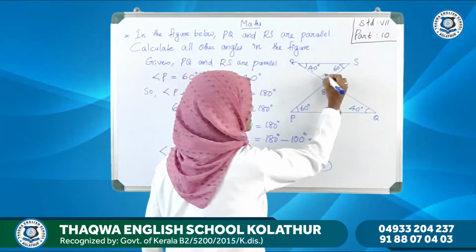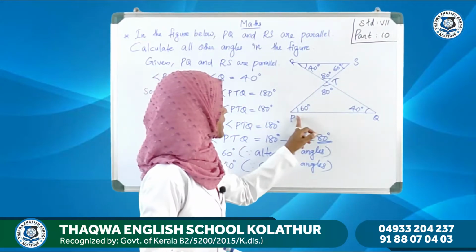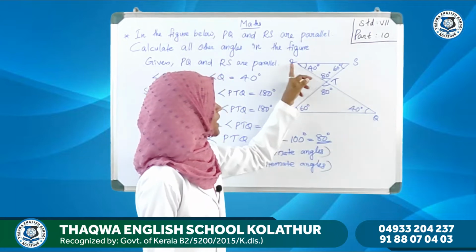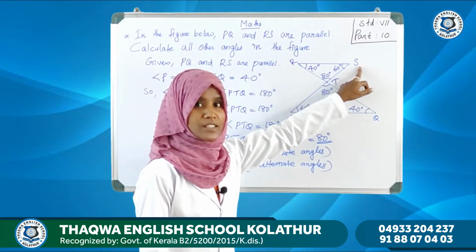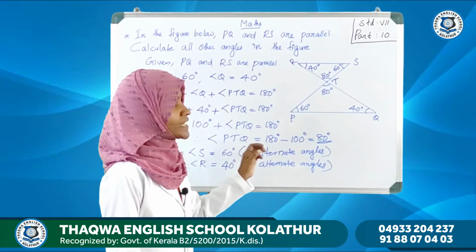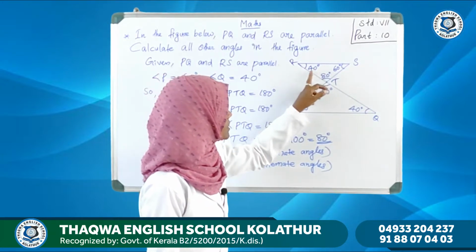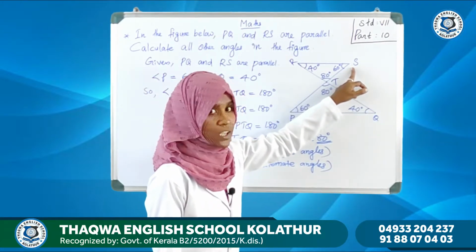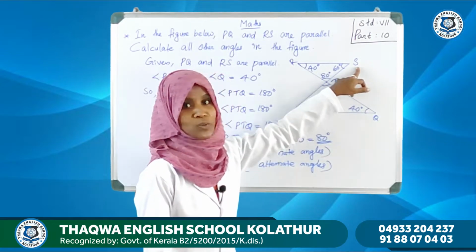Yes, this is 80 degree. What is the reason? Angle PTQ and angle RTS are opposite angles. Or we can use the sum of the angles of any triangle is 180 degree. We already got angle R and angle S, so we can find out angle RTS.